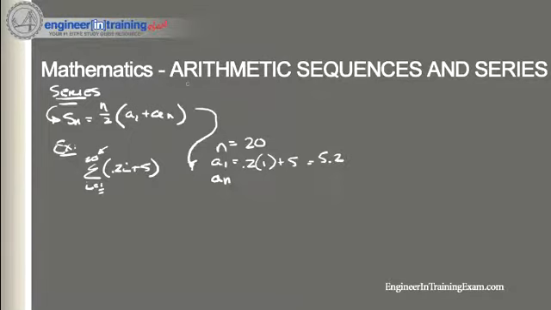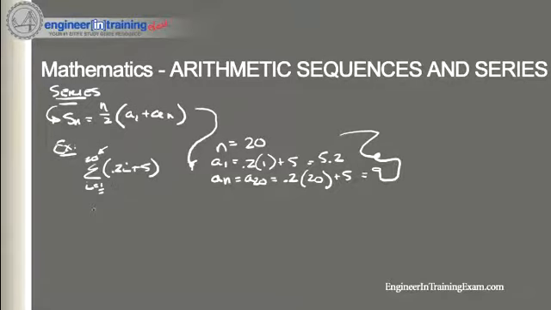And now finally a sub n, the series ends at 20, so we want a of 20. So a sub n is equal to a of 20, which is equal to 0.2 times 20 plus 5, which is equal to 9.